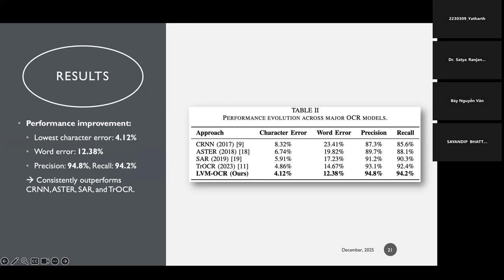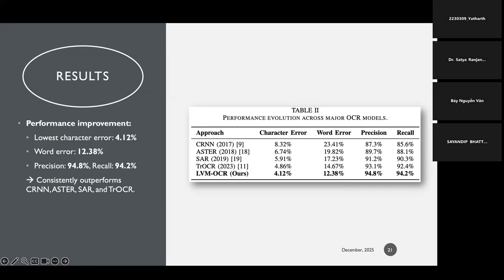If you look at Table 2, don't just see it as a list of numbers, view it as a timeline of the evolution of computer vision. You can see here from CNN to ASTER to SAR to TrOCR to LVM-OCR. So let's look back at 2017.